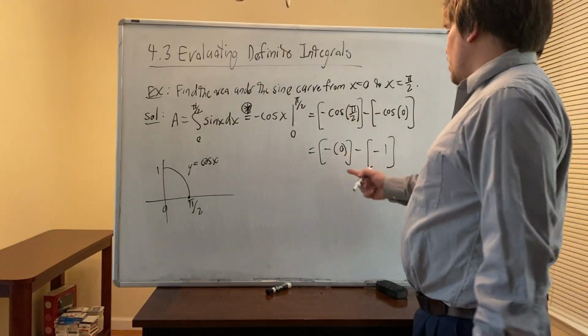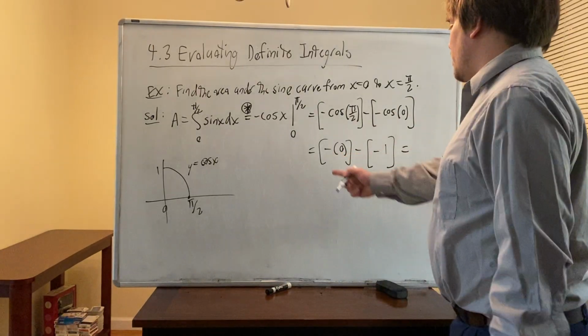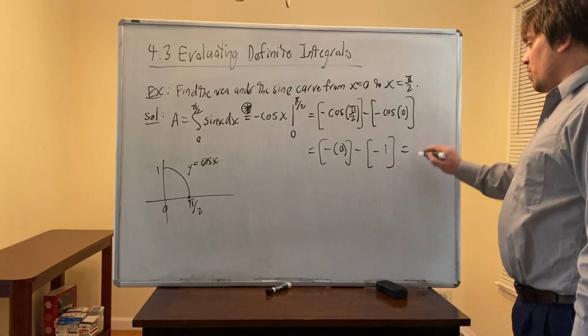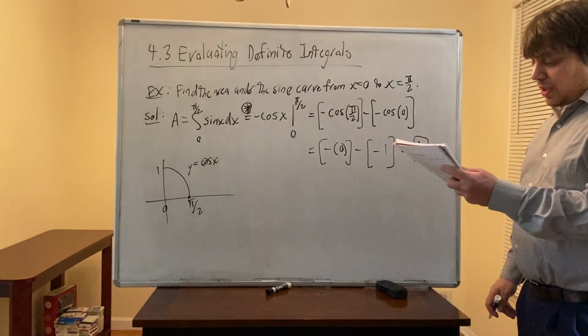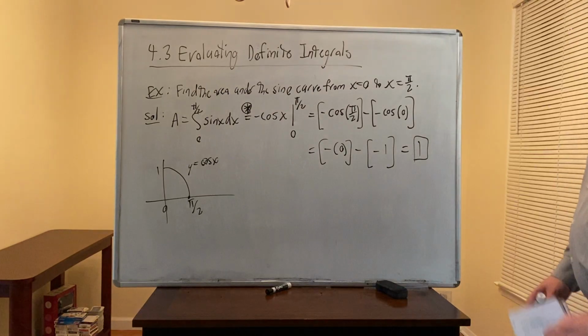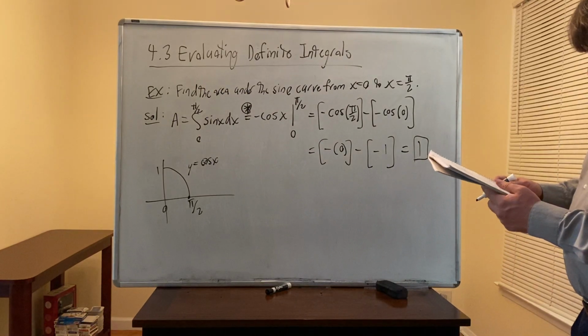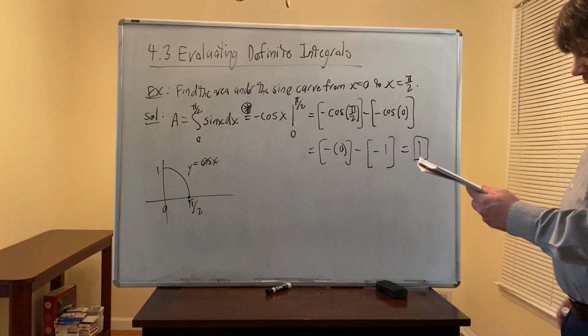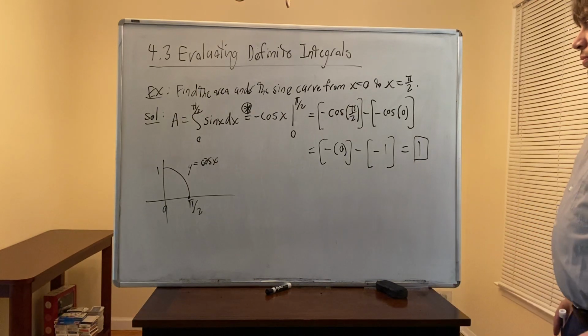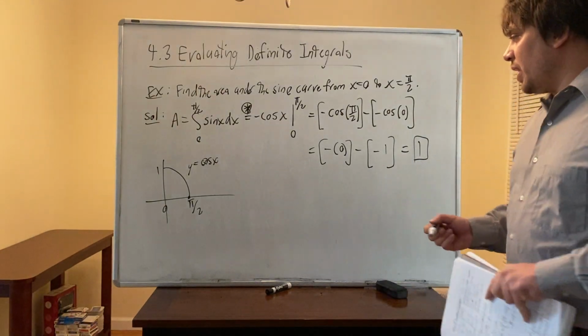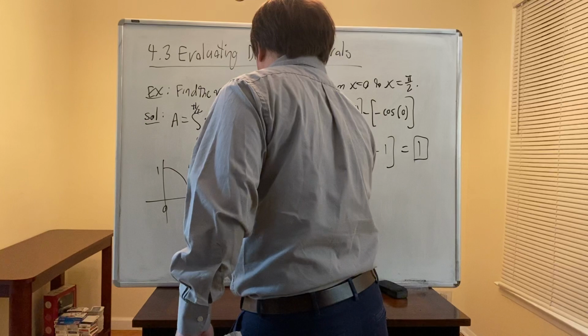So this is negative 0 minus negative 1. That's 0 minus negative 1, that's 0 plus 1, which is 1. So the answer is 1. Okay, so that example is done.